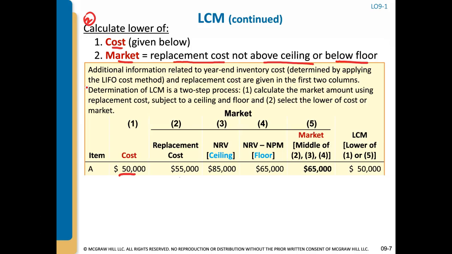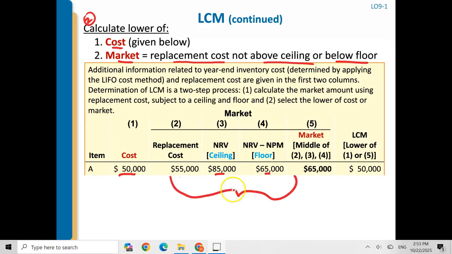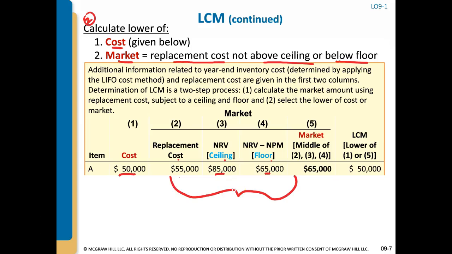55. We calculated our ceiling to be 85 and our floor to be 65. Between the replacement cost, ceiling, and floor, we look at these three numbers and we say which one is in the middle. So we have 55, 65, and 85, right? And so 65 is going to be the middle number, and that's going to be our market.